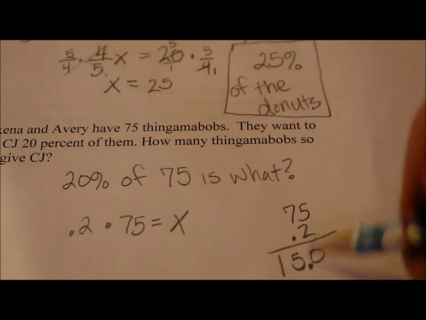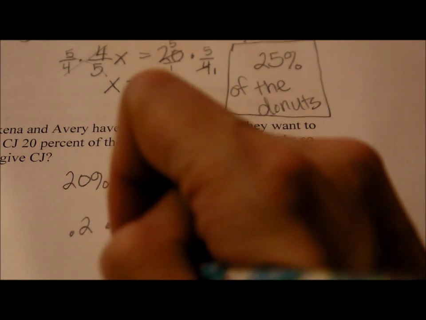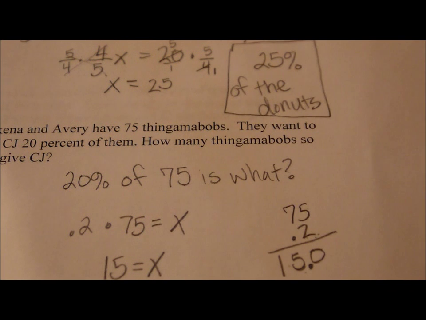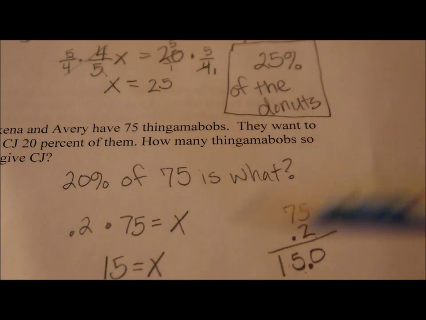So now I just found out that 15 is 20% of 75. And I think, okay, does that make a reasonable answer? And I do. I know that 7.5 is 10% because you just move the decimal over to find 10%.